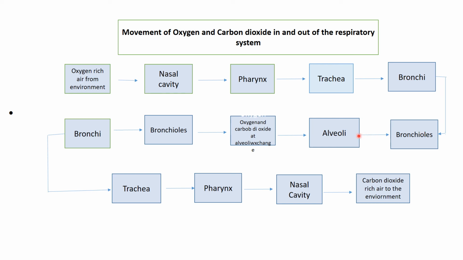From the bronchioles it reaches the alveoli, and from the alveoli the blood carries this oxygen to each and every cell of the body, and then from the cells this blood carries carbon dioxide again to the alveoli, then to the bronchioles, then to the bronchi, and from the bronchi to the trachea, then through the pharynx to the nasal cavity, and then from the nostrils it is released out to the environment.